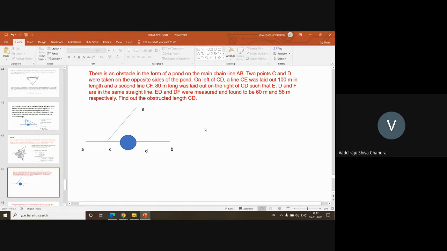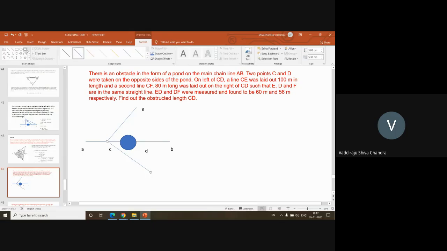Then what is given? A second line CF 80 meters was laid on the right of CD. So from C, he has taken another line CF, which is 80 meters distance. But what is the condition he has given in the question? On the left of CD, a line CE was laid out 100 meters in length, and the second line CF 80 meters long was laid out on the right of CD such that E, D, and F are in the same straight line.